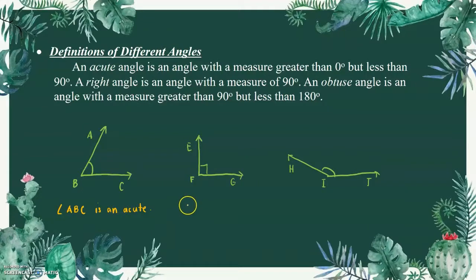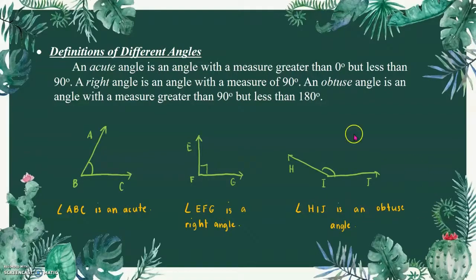Now here, angle EFG is a right angle because angle EFG measures exactly 90 degrees. And angle HIJ is an obtuse angle because angle HIJ measures greater than 90 degrees but less than 180 degrees. Okay?